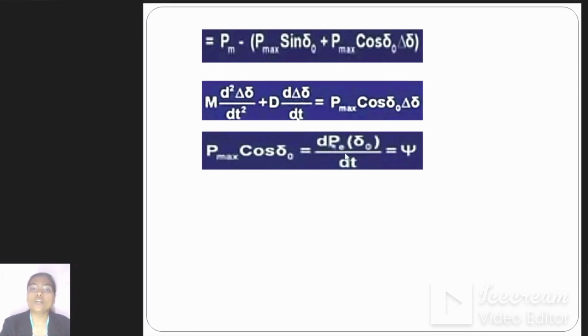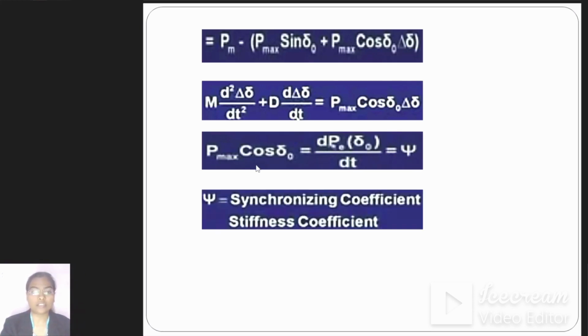So P max cos delta 0 equals dPe by d delta at delta 0, equal to psi. This psi is also called the synchronizing coefficient. This is a very important term: psi equals P max cos delta 0. It is also called the stiffness coefficient or synchronizing coefficient, and it is the slope of the power angle characteristic of an alternator.